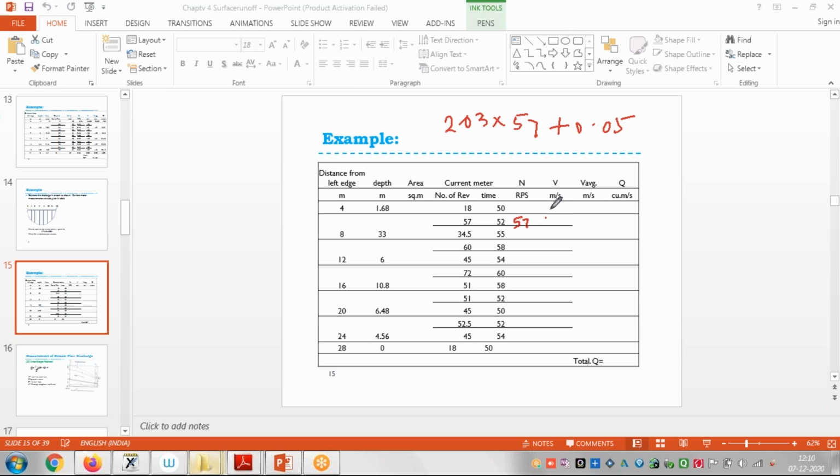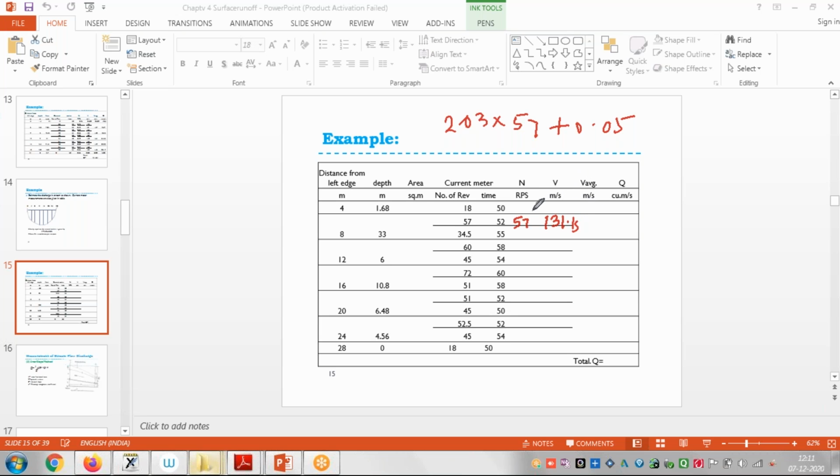How much are you getting? 131.15. Okay, 131.1. Just I am writing 131.1.